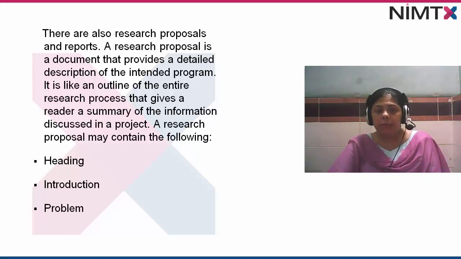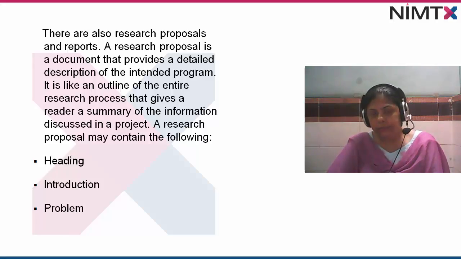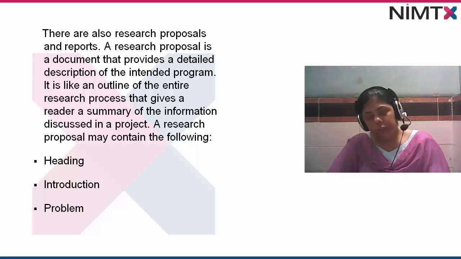It's an interim report which is made to make the organization understand what the report is going to be like. It's almost like a report, as mentioned: heading, introduction, problem, conclusion, references. But it only gives an outline. It's a proposal, it's a draft.